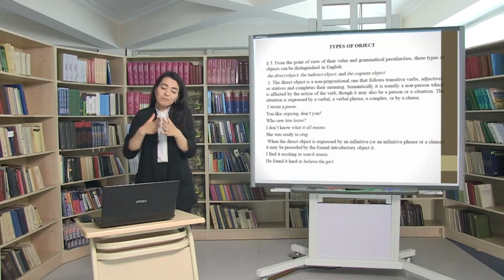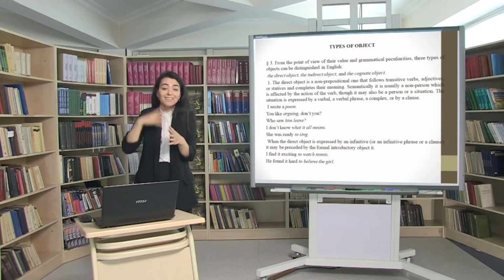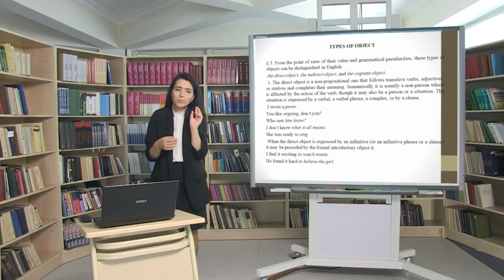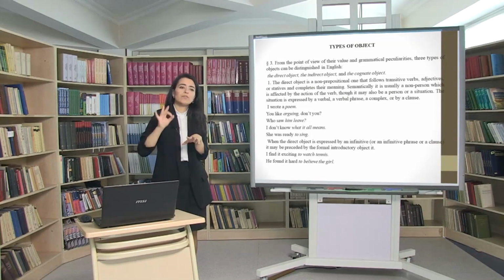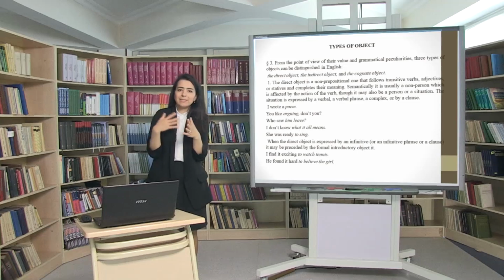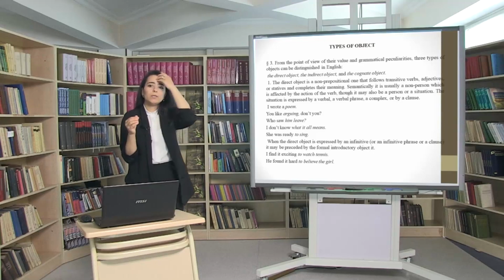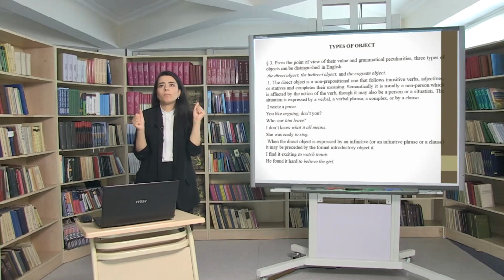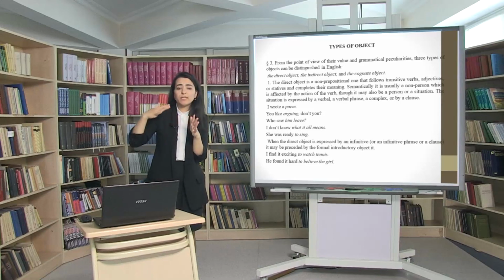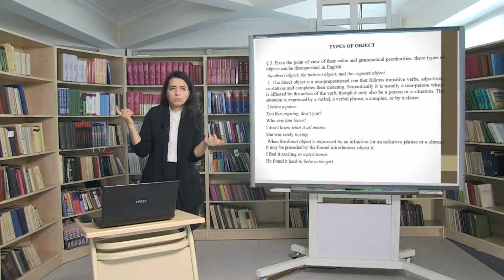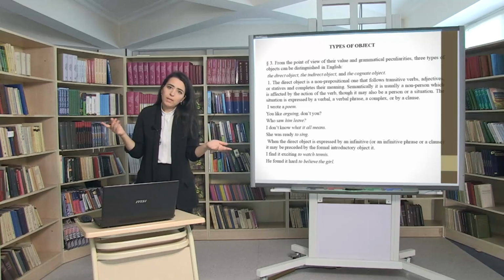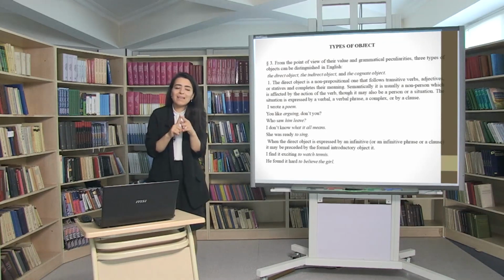And in other cases, it can be used in 2 different functions as a subject. For example, when we express distance, miles, weather, we can use it. For example, I say, it is 5 kilometers from the university to the hospital. In the sentence, it is used as impersonal it, and as an introductory subject.